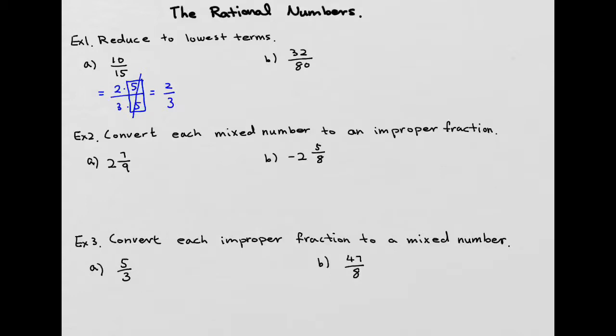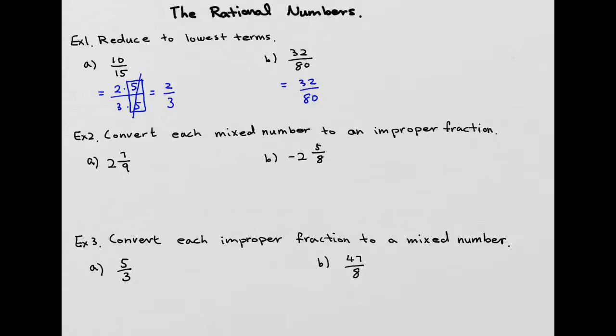But instead of writing down all the factors, what you can do is just imagine what's inside. So for example, 32 over 80, both numbers being even, if I don't see a big value that's common between these two numbers, you can just start from a small value like 2 because they're even.